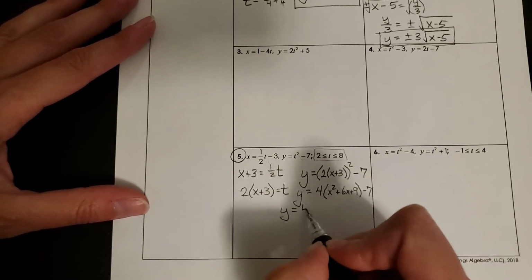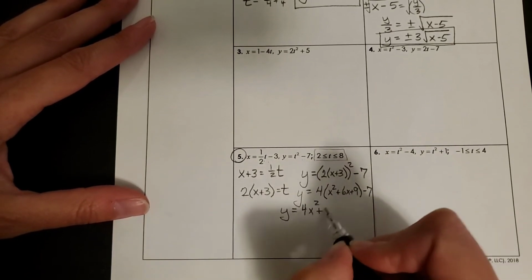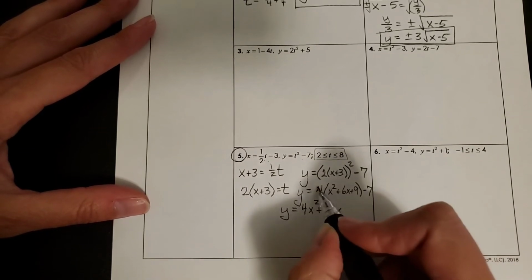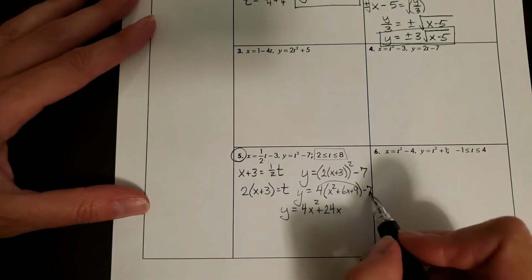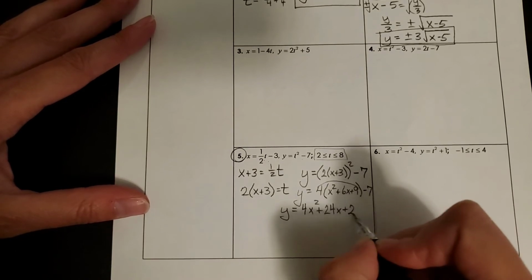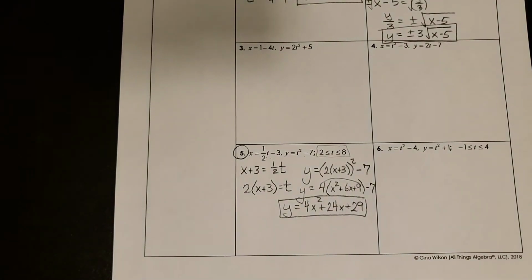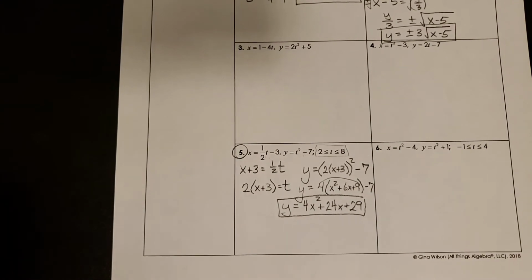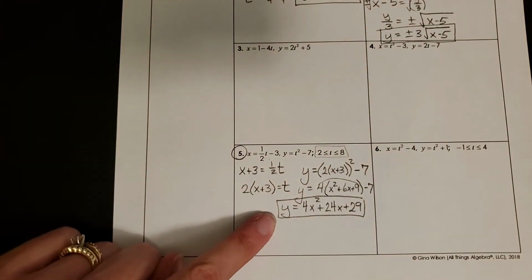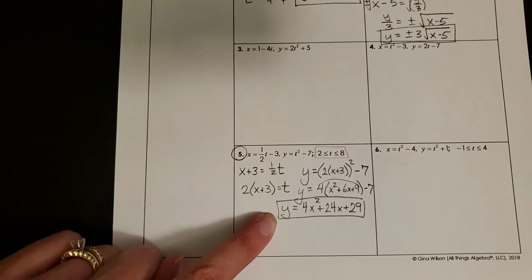Distribute that: 4x squared plus 24x. The 4 times 9 is 36, minus 7 is 29. So there is the equation in rectangular form.